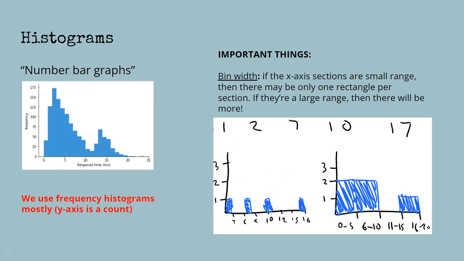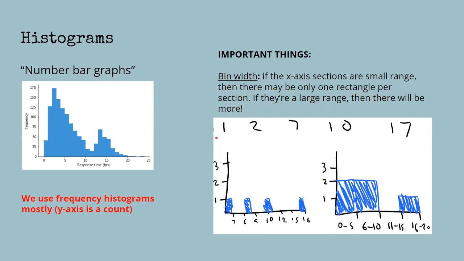If the x-axis sections are a smaller range, so in other words, if the bins don't show that much, they're only a small section, like right here, 0 to 3, 3 to 6, then there might be only one rectangle per section. On the other hand, if they were large, then there will be more.